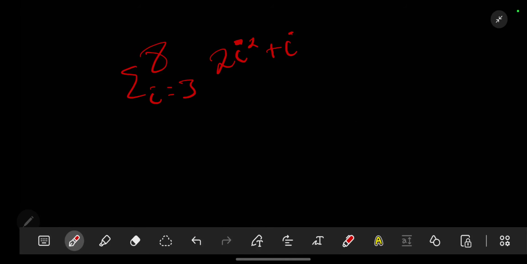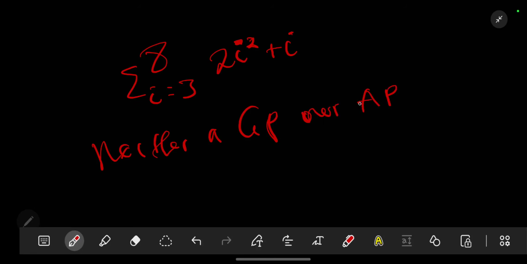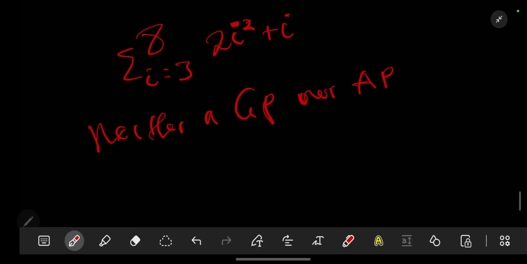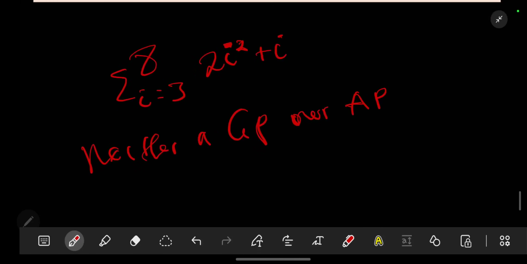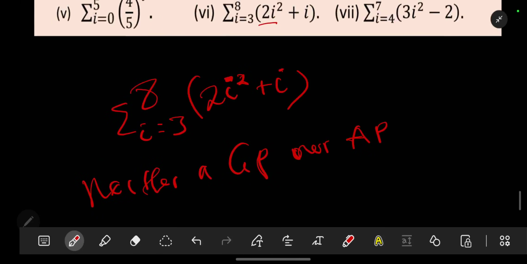So if you have something like this, it has got a power and it has a number without a power, just know that most of the times it is neither a GP nor an AP. So you just have to add. So this can be split, to make your work easier, so this is what we do.